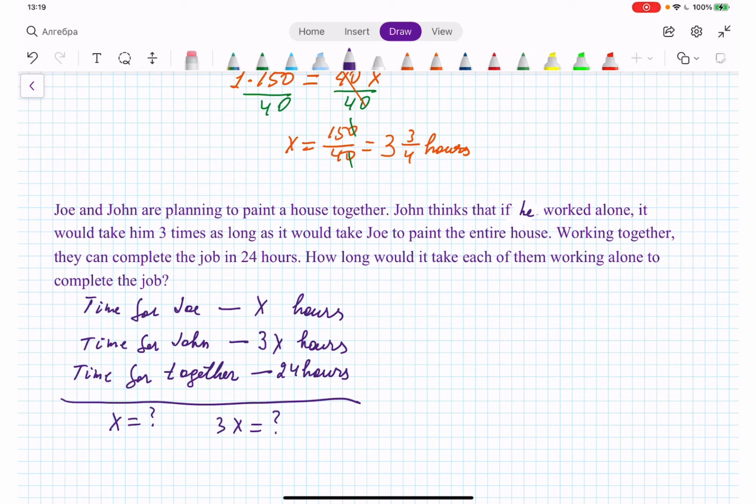All right. We don't know the size of the house or the job they are doing. All we know is that it will take x hours for Joe to complete the work, and 3x hours for John, and together 24 hours.